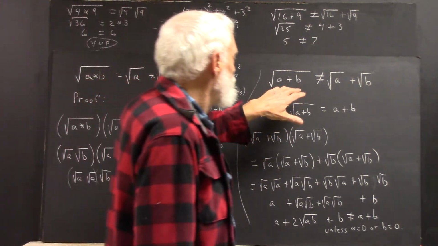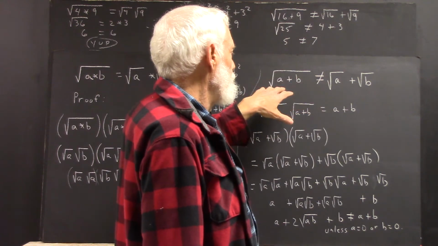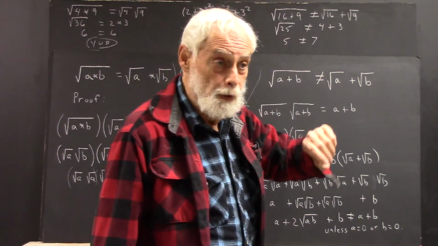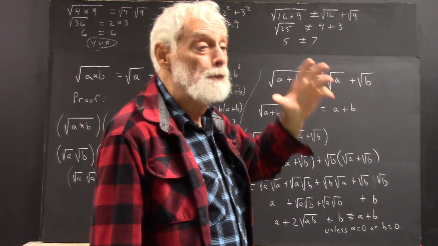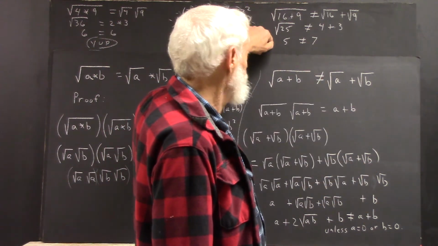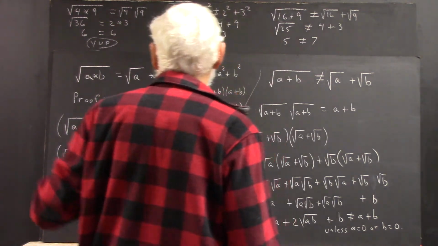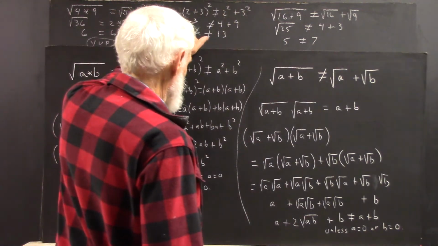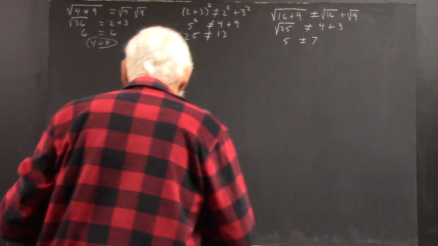And the statement square root of A plus B is equal to the square root of A plus the square root of B is a false statement. All you need is one counterexample and you can prove that this is false. So let's just clarify what's been proven here.